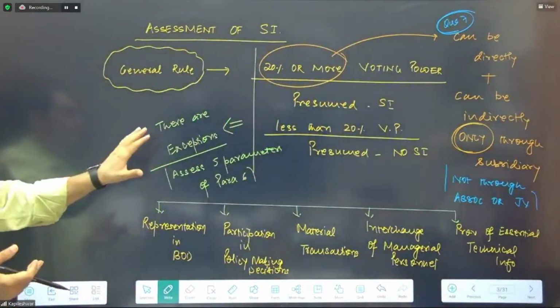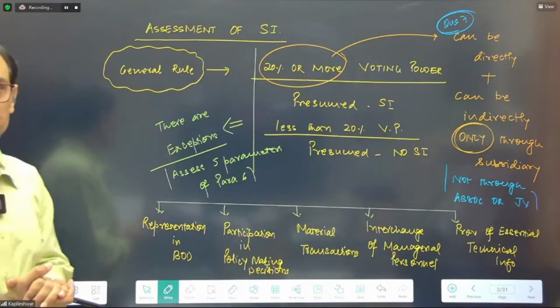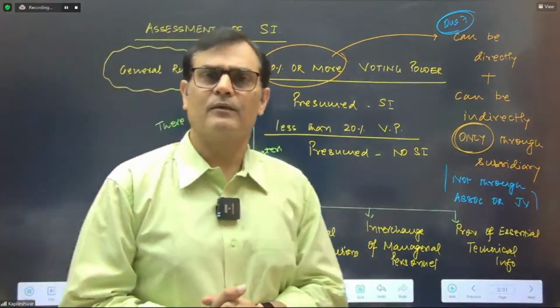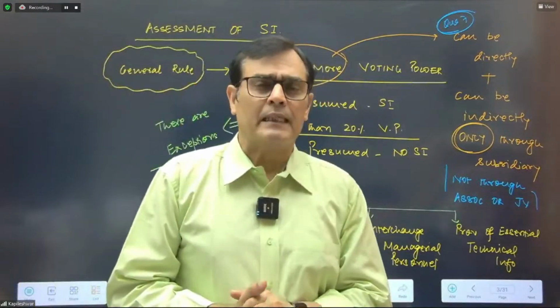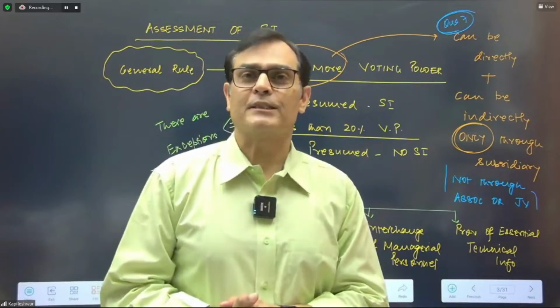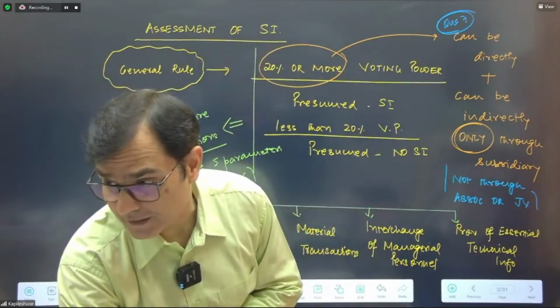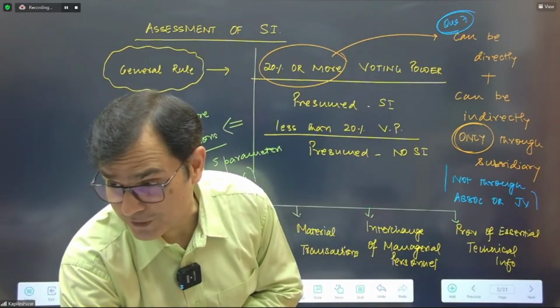And there are exceptions, and these are the 5 parameters to be evaluated for exceptions. Now let's do some questions. Let me first take you to a few questions in the study material on the assessment of significant influence. So far so good; I don't see any challenge so far.